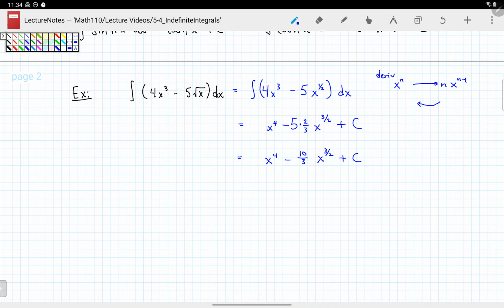Okay, and so what we get is the antiderivative of 4x to the 3rd minus 5 square root of x dx is x to the 4th minus 10/3 x to the 3/2 plus a constant. And we can check this by differentiating.